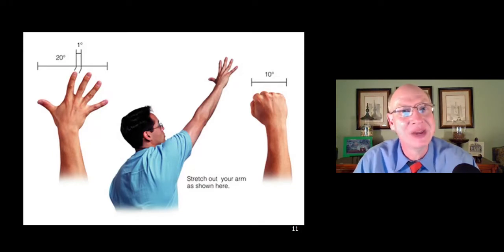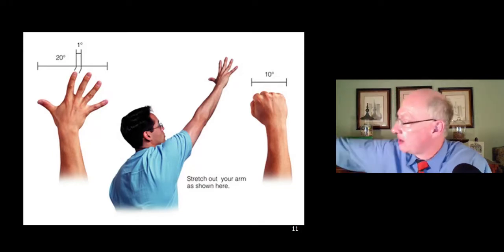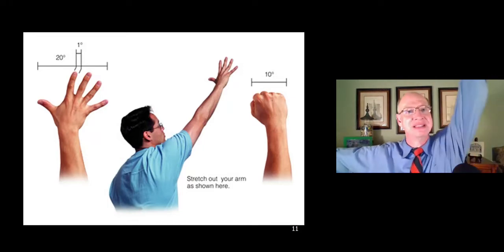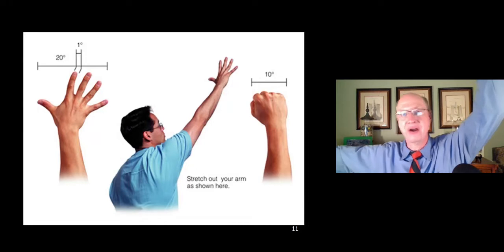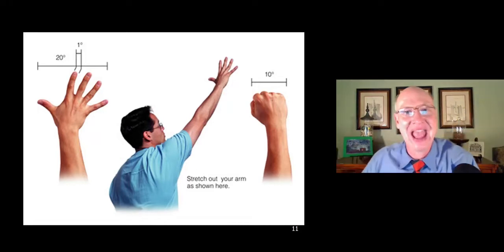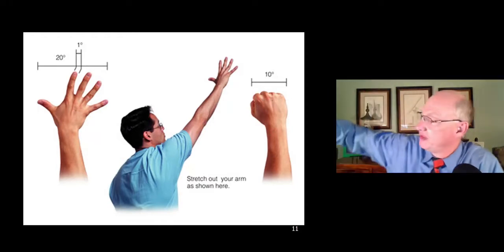So let me give you an example of this. If I wanted to start on the horizon and measure to my zenith straight overhead, if you just look at the way my arms are oriented right now, you'll notice that it's a right angle. You can probably guess that that's 90 degrees. From my horizon to my zenith is an angle of 90 degrees. So let me measure it. I'm going to start with this one.